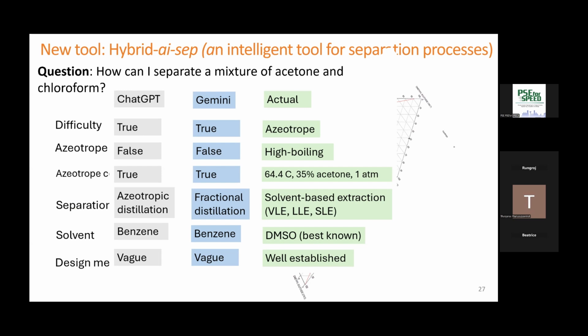Gemini says fractional distillation, but it is actually solvent-based extraction. Again, the internet results are benzene, whereas a good solvent known is DMSO. And the design method is very vague, but here at least the design method is well known.